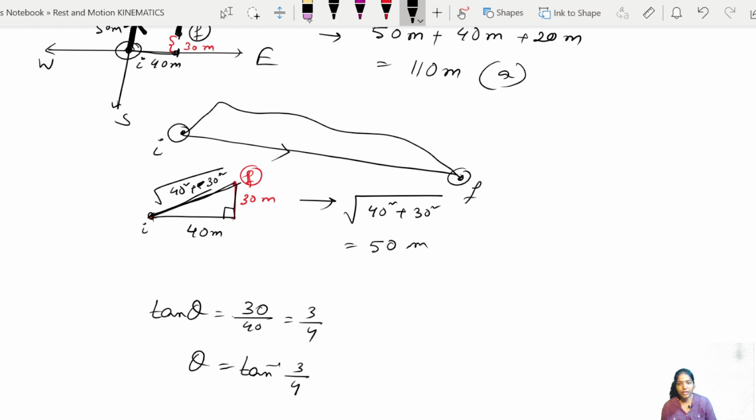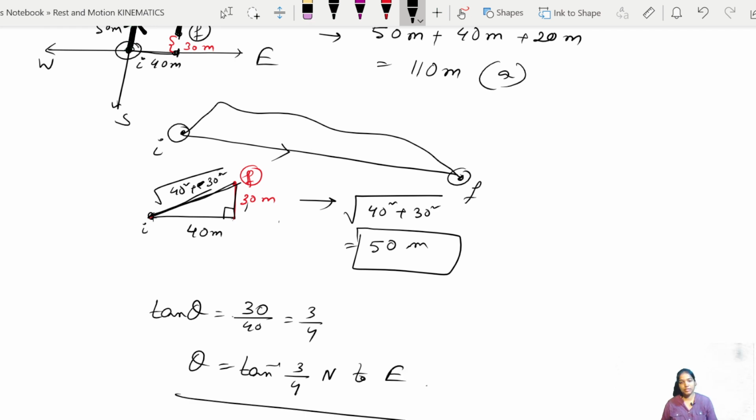So for the displacement, this is the value and the direction is tan inverse 3 by 4 north of east, because it is going towards north of east. This is the direction for the displacement. So the answer is this for the distance. For the displacement, it is the value and it is the direction.